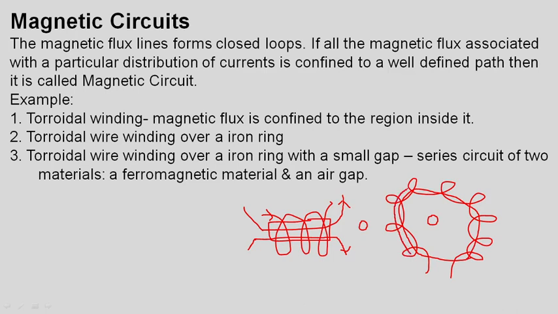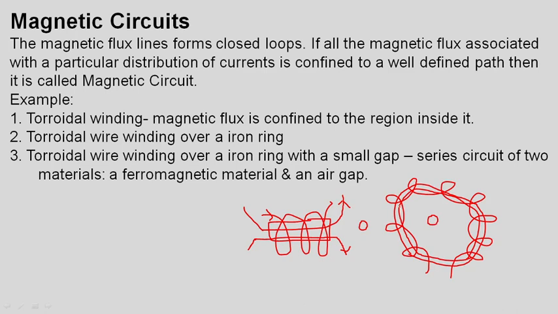And it will form a closed loop everywhere. But unlike this bar magnet or a straight solenoid, in the toroid the magnetic field lines are confined to a specific, well-defined path.